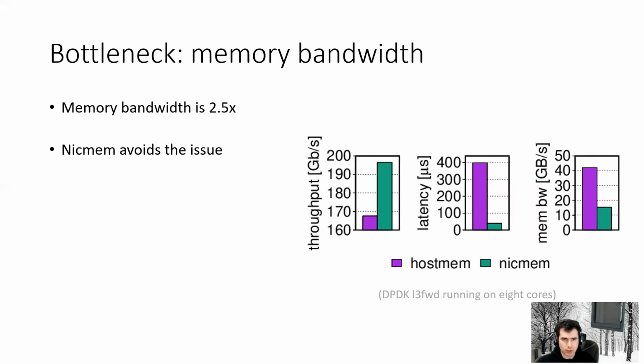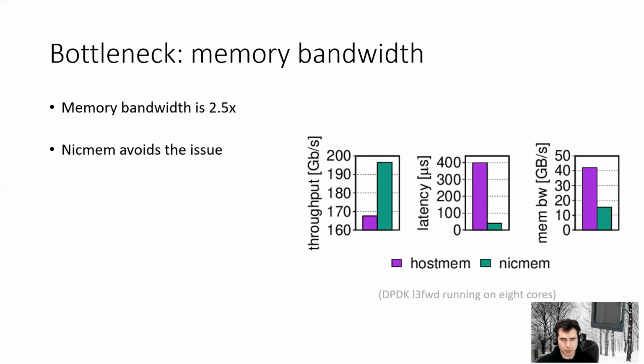Last, we show a memory bandwidth bottleneck. So now we run DPDK layer 3 forwarding on 8 cores, and we use 2 NICs with 200 gigabits per second to load this application. Additionally, to make layer 3 forwarding more memory intensive, we add 250 memory accesses to the packet's data path.